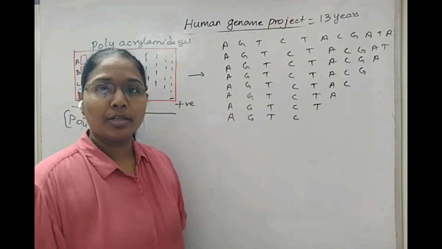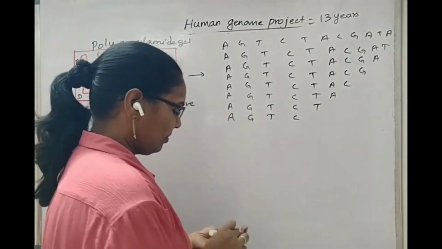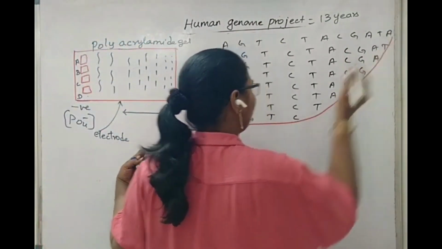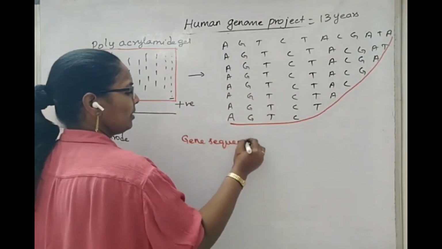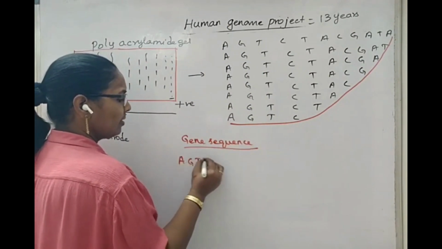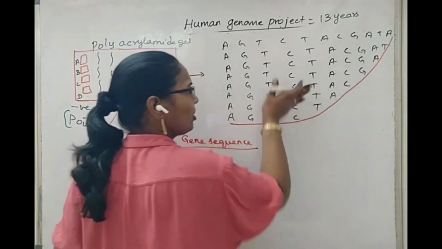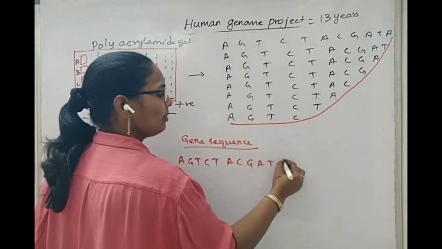Now if we want to sort out what the gene sequence is, we can write it by taking adenine, guanine, thymine, cytosine, thymine, adenine. I am taking only the last base of each because the rest are the same. Cytosine, guanine, adenine, thymine, adenine.